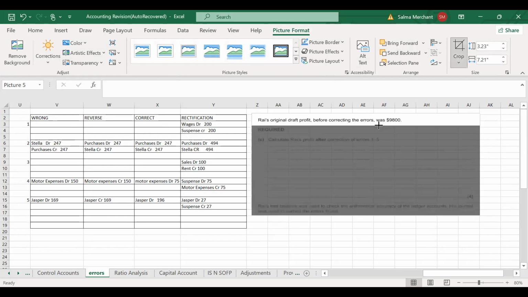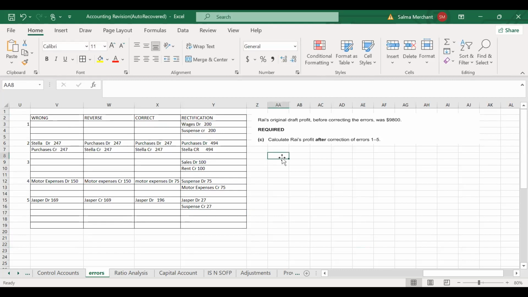So you want the profit after correction, right? What is the draft profit? 9,800. How do you correct it? In your rectification entry, if income is credit and expense is credit, then this is going to increase your profit.